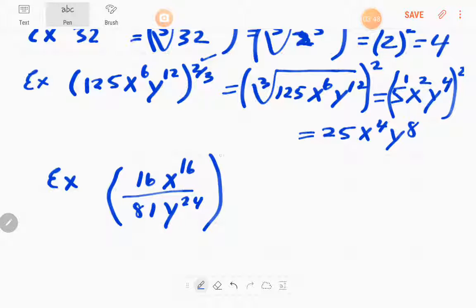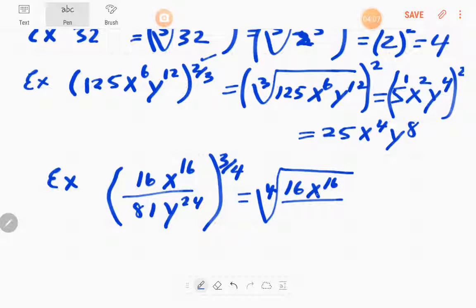And then we have that raised to the 3/4. So the denominator is the root. So we have 16 x to the 16th over 81 y to the 24. And when we're done, we're going to raise it to the 3rd power.